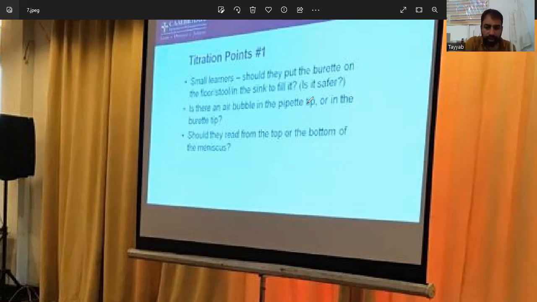The second point is: is there any air bubble in the pipette tip or in the burette tip? What do I mean by it? If you see here, there should not be an air bubble. This air bubble can be removed by running the liquid which you are expected to add to this apparatus.